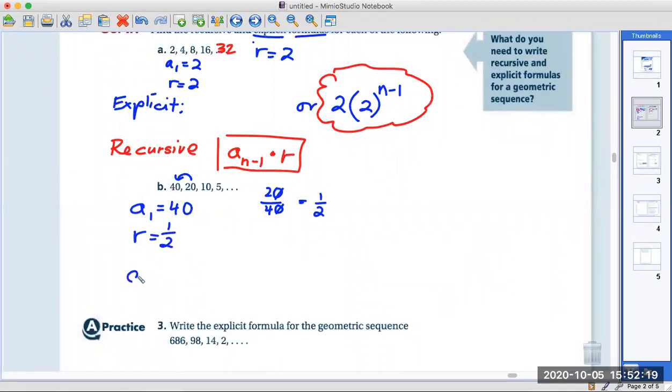So the formula is the first number times the common ratio raised to the power of n minus 1. There's the explicit formula. Oops. How did that happen? Oh, I moved that thing over.